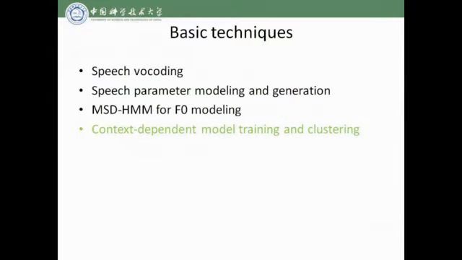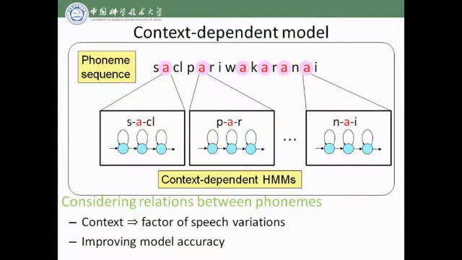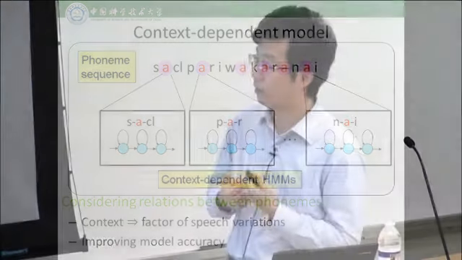So the last technique, very important for HMM-based synthesis, is the context-dependent model training and clustering. In HMM-based synthesis, we expect to estimate the hidden Markov models as accurately as possible to describe the distribution of acoustic features. So that means we need to take into account the factors of speech variations.